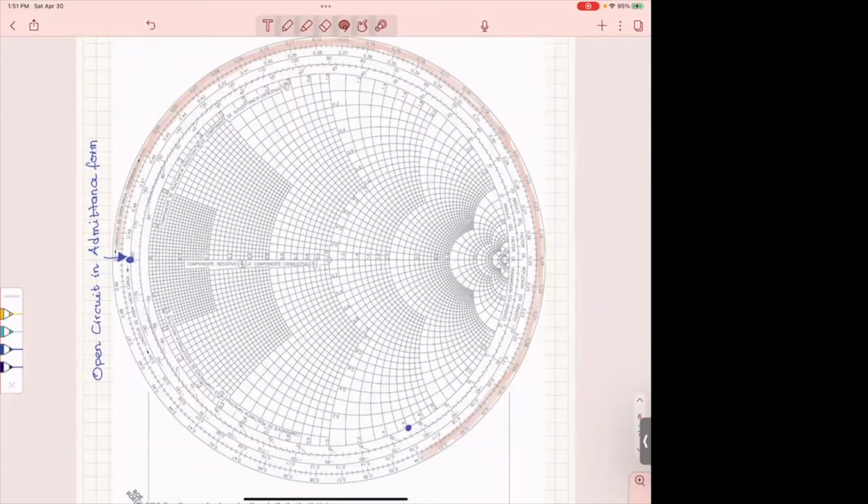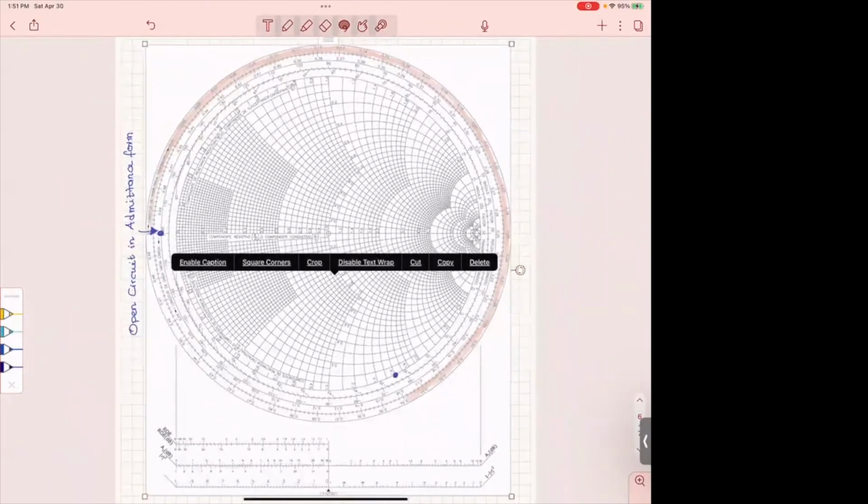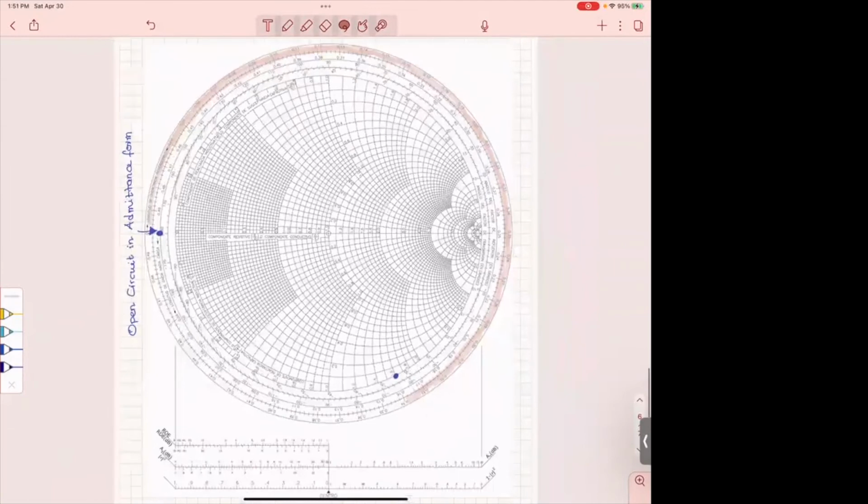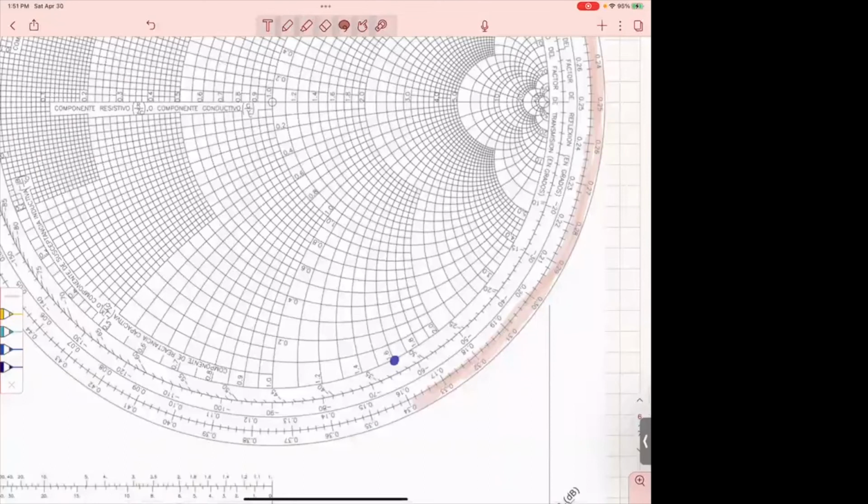So the stub, as we said, is open circuited. Open circuit in admittance form. In impedance form, the impedance of an open circuit is infinite, but the admittance of an open circuit is the inverse, so it's 0. It's right at that point. Then from there, we have to go until we find minus j1.8, because the stub has that as input admittance. And we find minus 1.8 there.